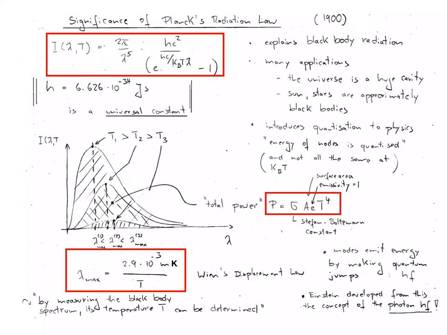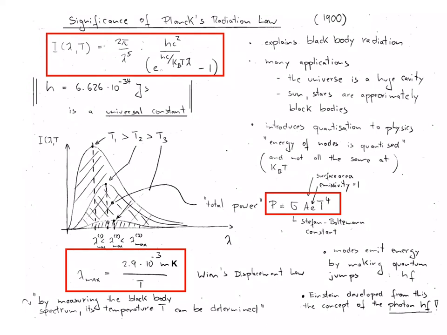displacement law. The Stefan-Boltzmann law tells us that the integral under the curve is equal to the total power emitted by the black body radiator, and it's given by σ times A times ε times T to the power of 4, whereby σ is the Stefan-Boltzmann constant, A is the surface area from which the emission occurs, ε is not the electric charge but the emissivity of the surface, which for an ideal black body is equal to 1, and importantly, the power goes with the temperature to the power of 4.